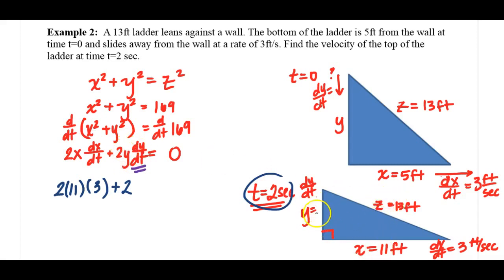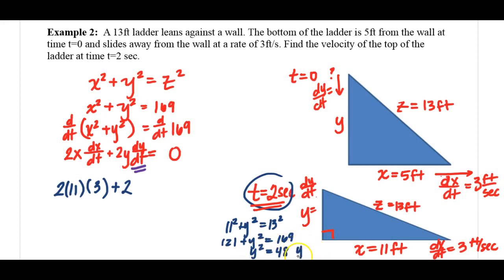To solve for y, I have to use the Pythagorean theorem. Specifically, when time is 2, the Pythagorean theorem gives me x squared, so 11 squared, plus y squared equals 13 squared. So 11 squared is 121, plus y squared equals 169. So y squared is going to be, if I subtract 121 from 169, 48.